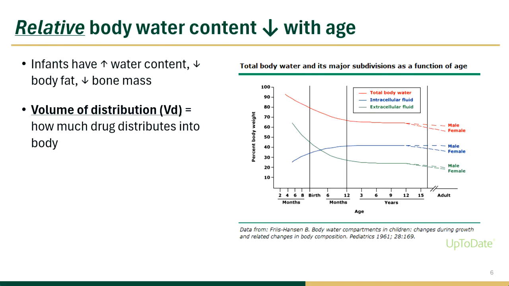It actually affects your volume of distribution because, as you recall from pharmacokinetics, volume of distribution is the size of the tank relative to the weight that a drug distributes into. Why that's logistically important for us is that since the distribution in infants is much higher, the weight-for-weight dose of a lot of drugs is higher.